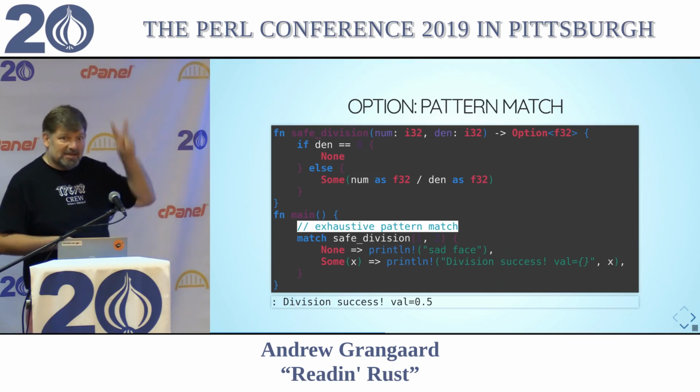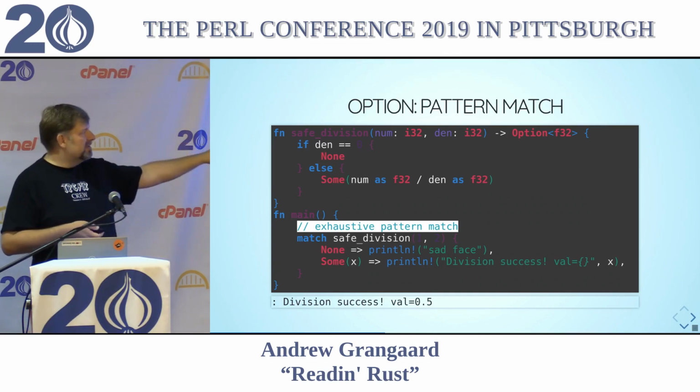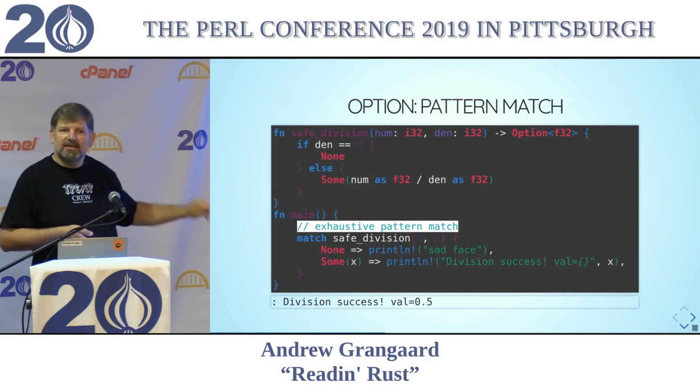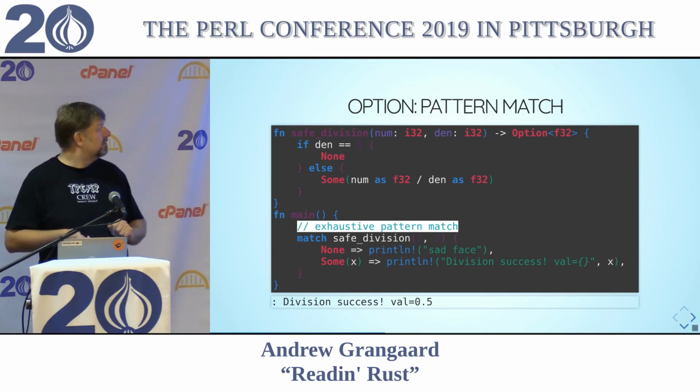Because the option type has exactly two elements in it, it's like an enum, it's either going to be a none or a sum. This is guaranteed to match, and so the compiler checks that and says, hey, that's cool. You matched all of your types. If I hadn't included the none in my match, it would be a compile error and say, hey, you didn't handle what happens here.